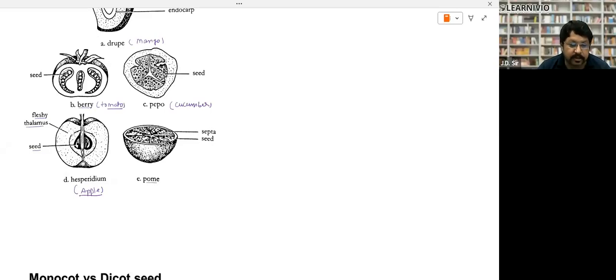Here, this is a hesperidium, meaning orange. This is the septa, this is the seed. The edible part is the juicy mesocarp. In a pepo, what you eat is the mesocarp. In a tomato, we eat the complete fruit, meaning the epicarp and pericarp all.